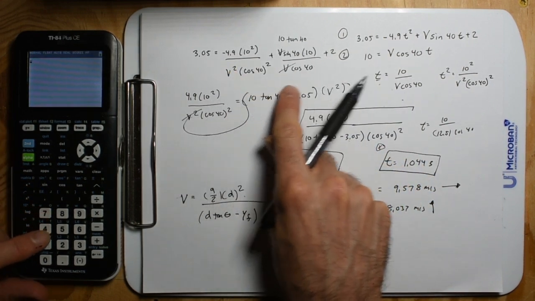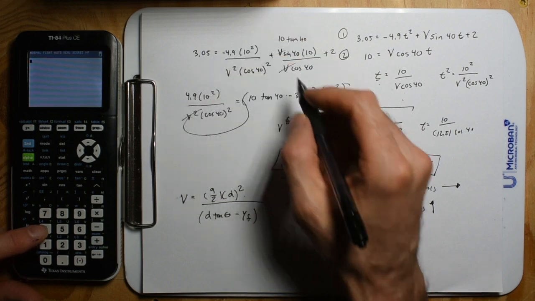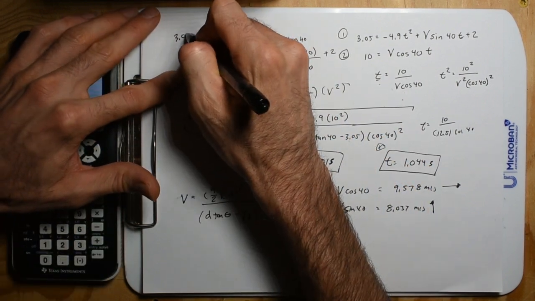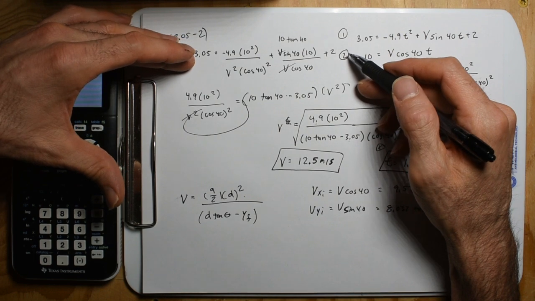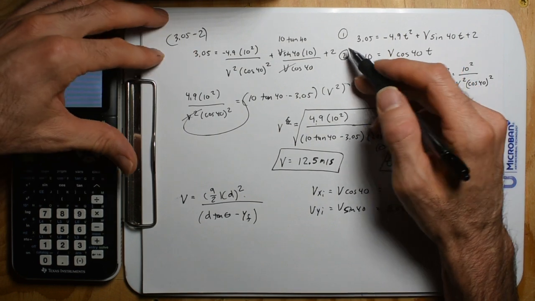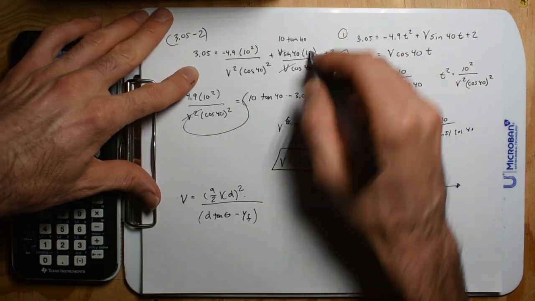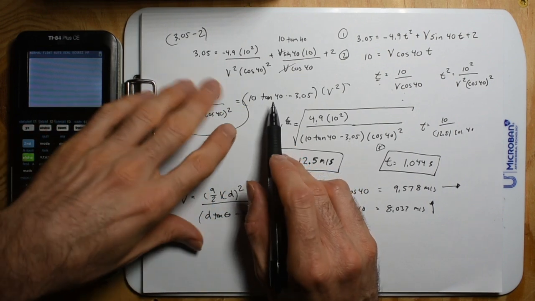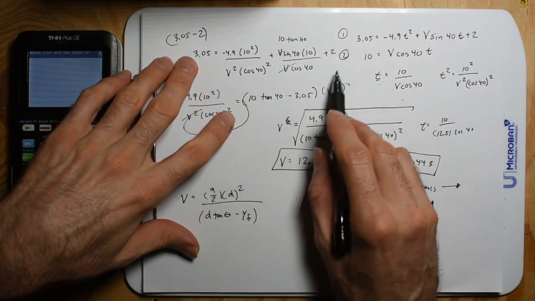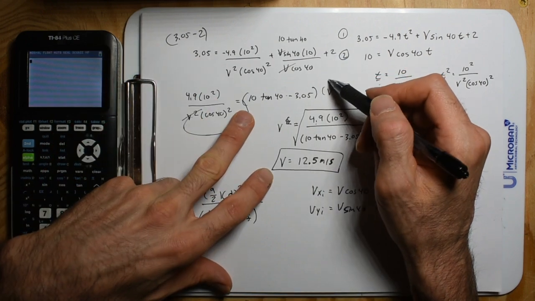But from here we have 3.05 minus 2. Why do I keep losing that part? And then we have minus... holy Toledo. Or when I brought it back over here, I didn't add it in.